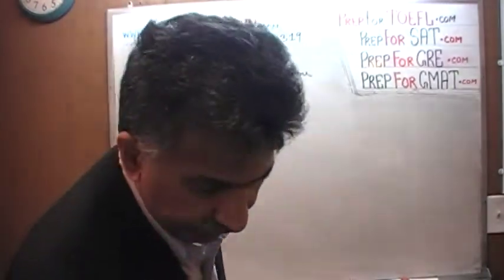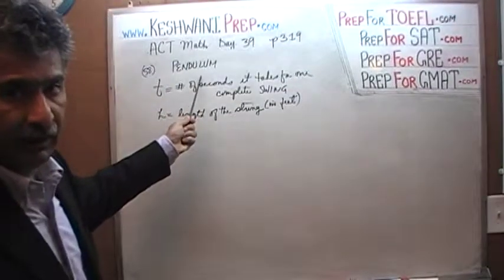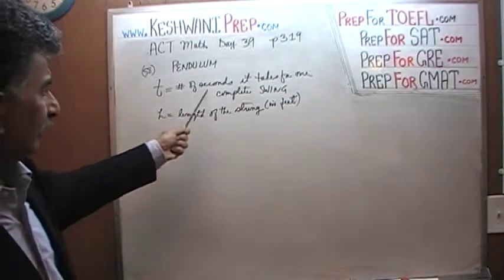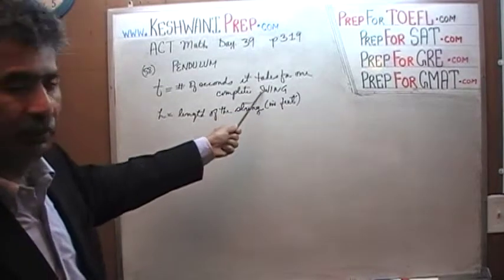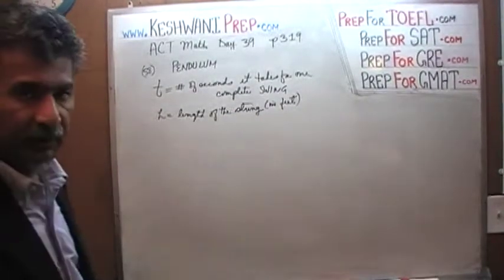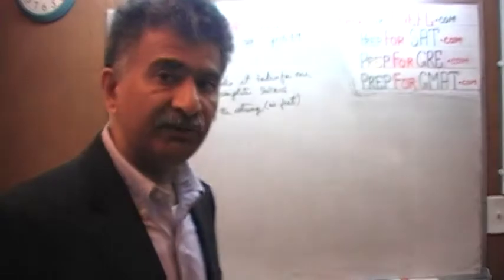The very first problem on the page, problem number 58, deals with the concept of a pendulum. We are told that T is the number of seconds it takes for one complete swing of the pendulum. L is the length of the string that the pendulum is hanging from, expressed in feet.